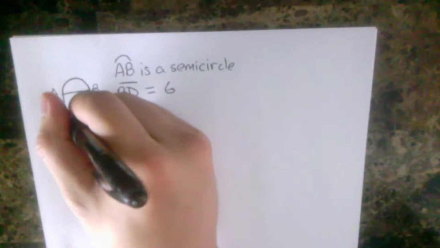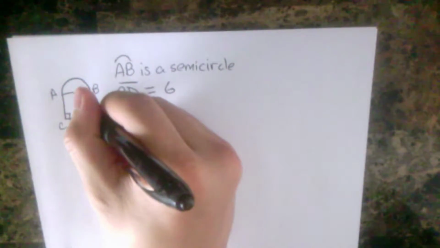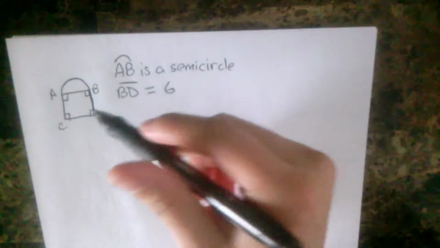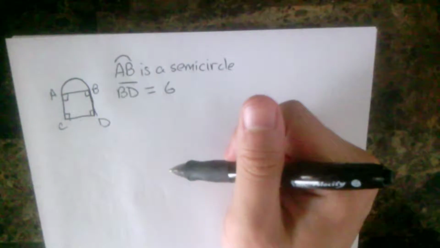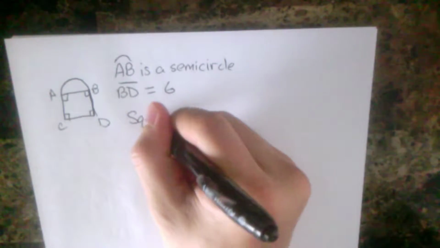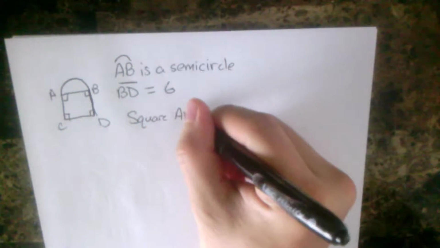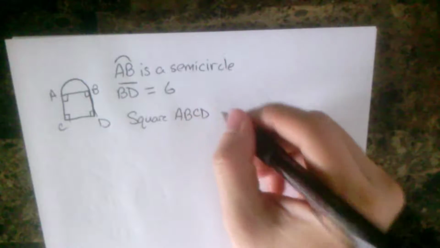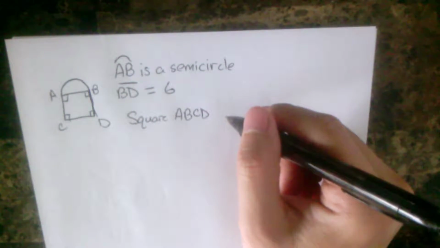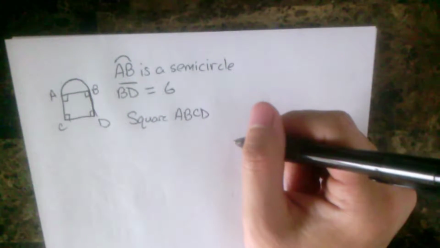And all of these are 90-degree angles, so there you go. So it'll say square ABCD or rectangle ABCD. So in this case, I'm going to call it square ABCD has BD equals 6, etc., etc.